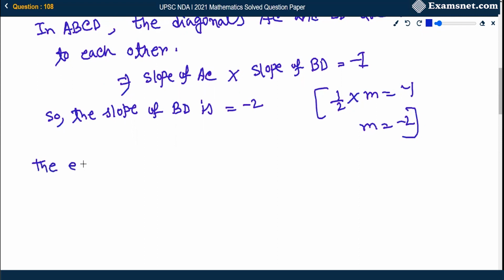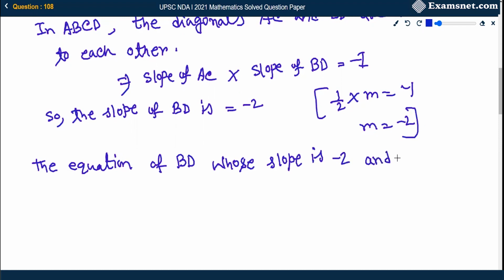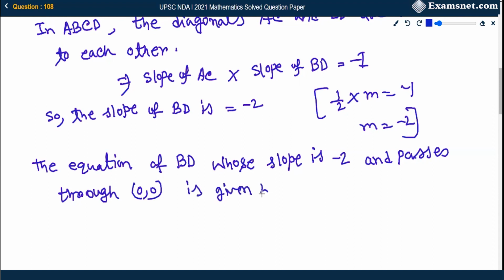The equation of BD, whose slope is minus 2 and which passes through the origin (0, 0), is given by y minus 0 equals minus 2 times x minus 0.